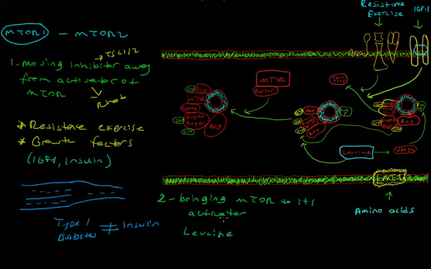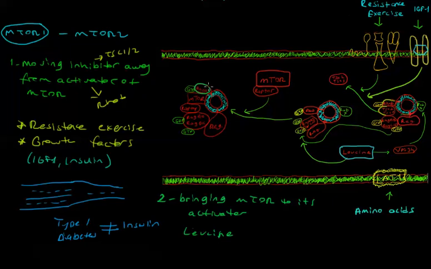So why is leucine important? Because we have more leucine receptors on the membrane of our muscles.